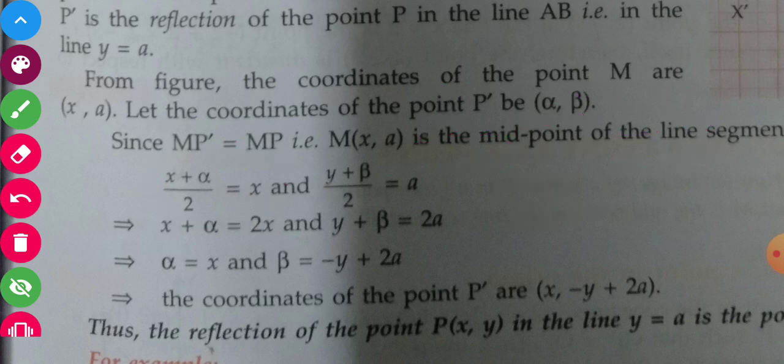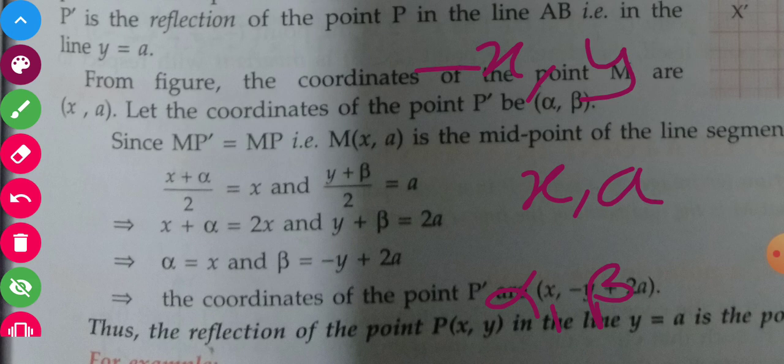And what about y? We add the y coordinates of the two endpoints divided by 2. So my P had coordinates x comma y, and P' was alpha comma beta, and my midpoint was x comma a.